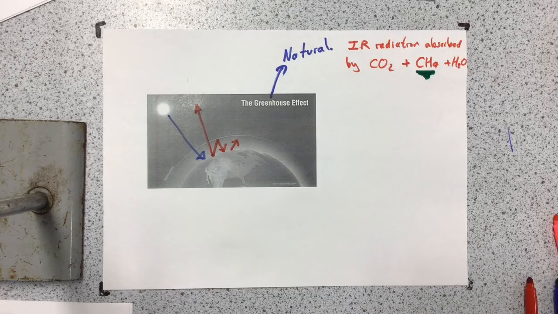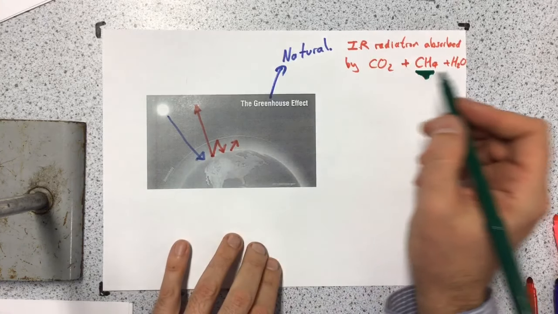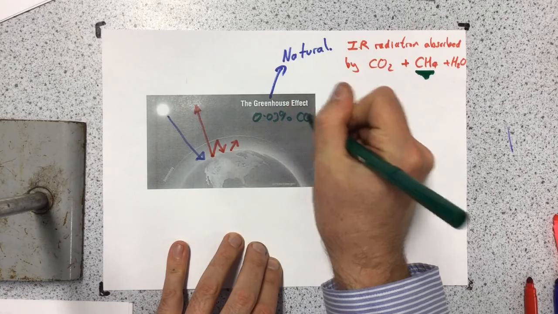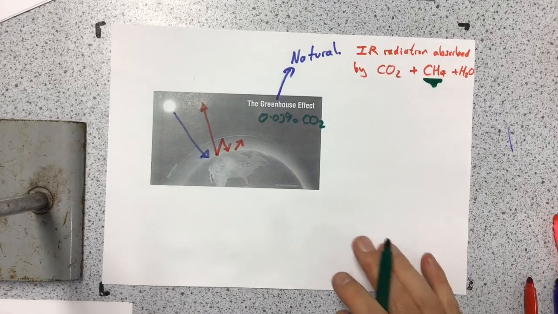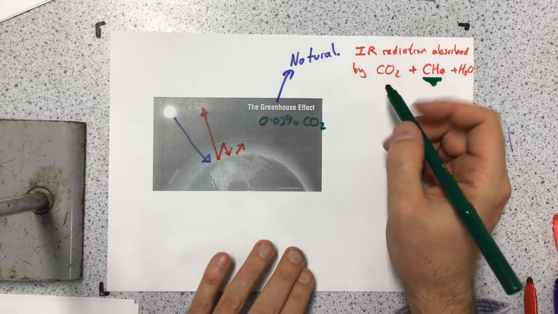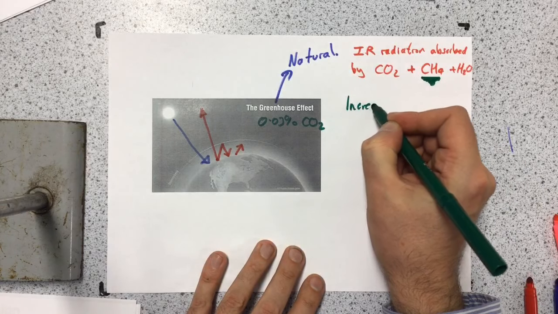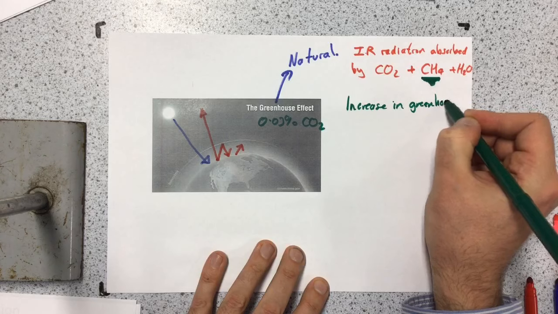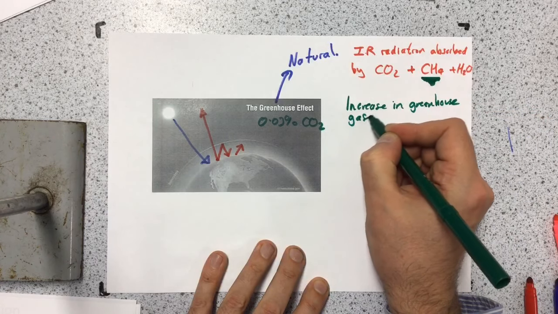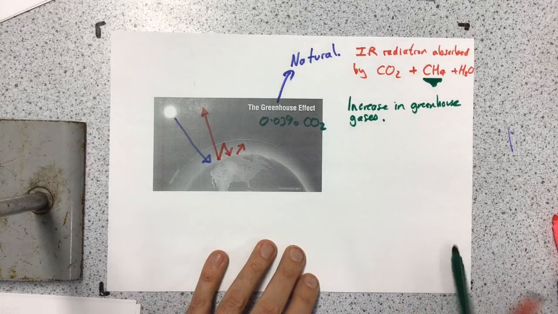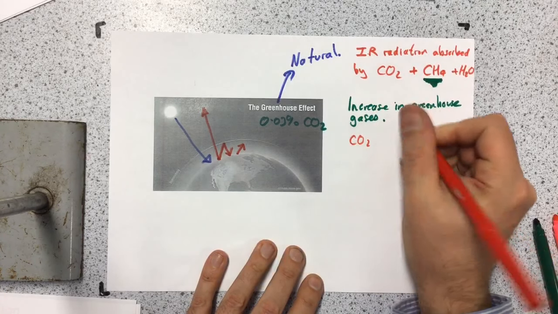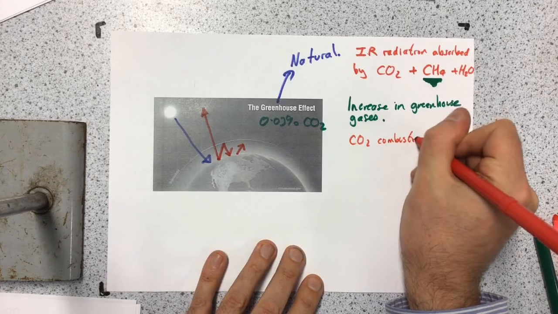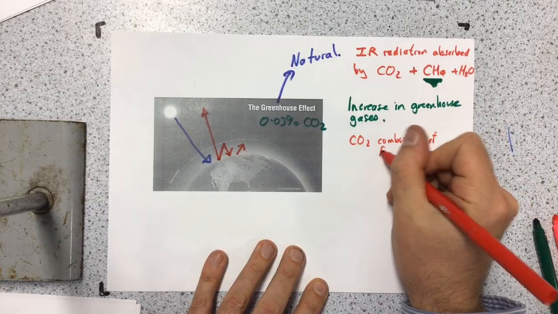Now, up until about 300 years ago, we had 0.03% carbon dioxide in the atmosphere. But what has happened is that there has been an increase in greenhouse gases. Okay, there has been an increase in CO2 because of the combustion of fossil fuels.